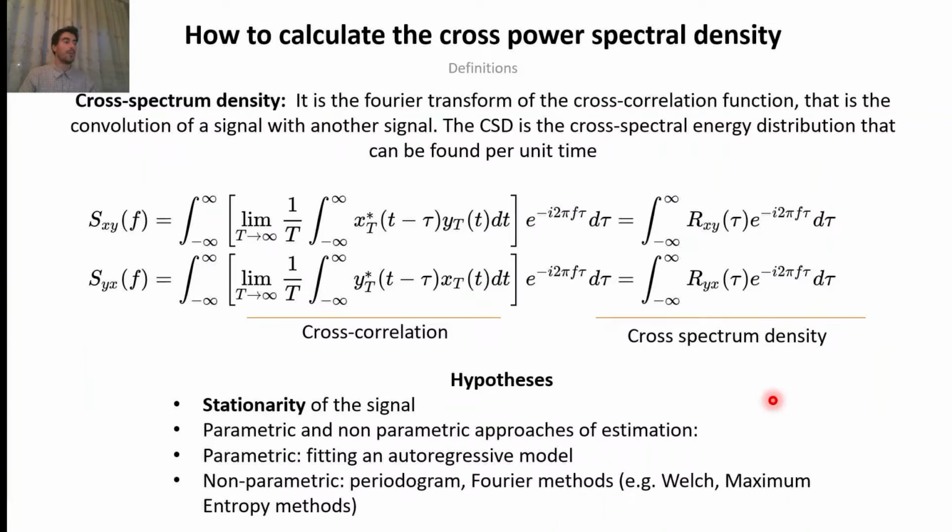Non-parametric methods are, for instance, the periodogram or Fourier methods, like the Welch or maximum entropy methods. The method that I've described now is a Fourier method, where you transform with Fourier the cross-correlation and autocorrelation functions.